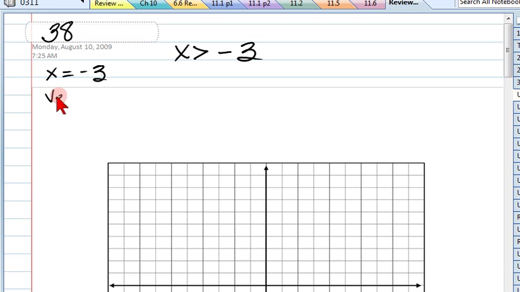It's a vertical line. So is this going to be a vertical solid line or dotted line? Dotted. Because it's going to be vertical, I can't shade above and below it. I have to shade either to the right or to the left. It says greater than. Where does x get bigger? To the right. So I'm going to shade to the right.